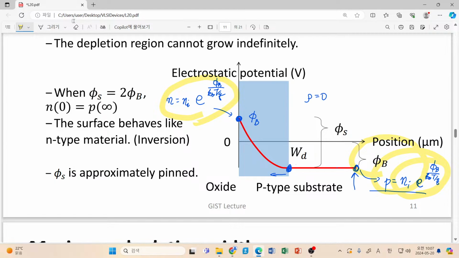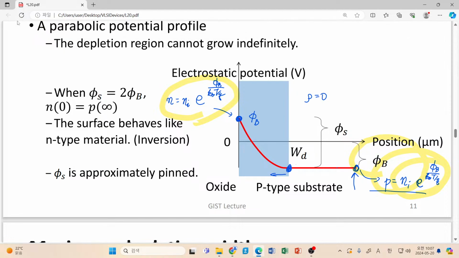If you are just an observer, then you can see that previously I implemented acceptors like 10 to the 18 per cubic centimeter, so I expect 10 to the 18 per cubic centimeter hole density.